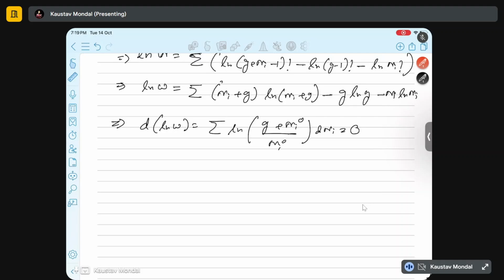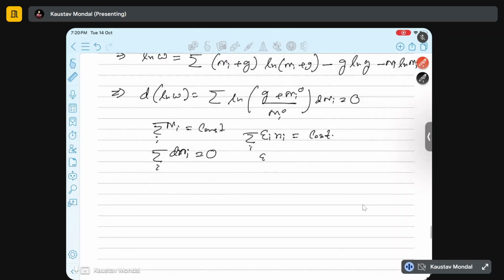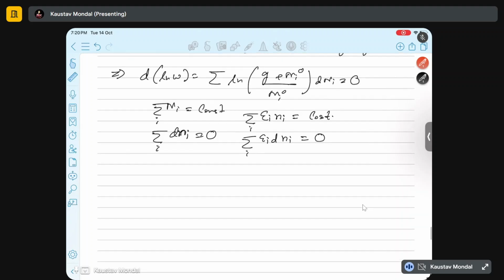The first constraint is on the number of particles: the total number of particles is fixed, so you can write the summation over i of dNi equal to 0. Similarly, the total energy is also fixed: the summation of Ei Ni over i is some fixed constant. If you do the derivative here also, the summation of Ei dNi is equal to 0. These are the two constraints.